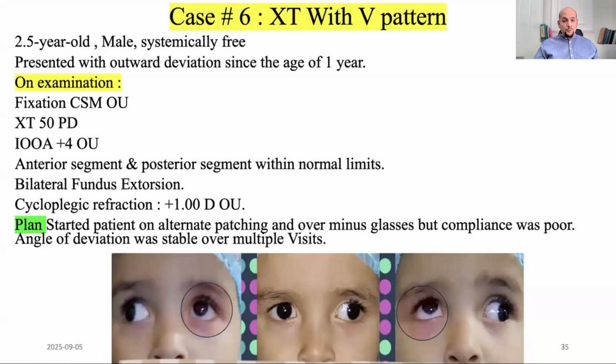Some patients might respond to this and might get better control with time, but unfortunately compliance was very poor from the family and from the child, and I measured the angle of deviation for 4 or 5 visits, and in all these visits the angle of deviation was stable.